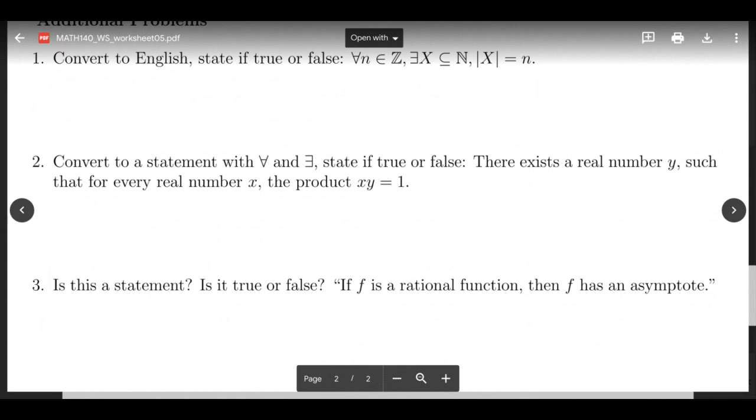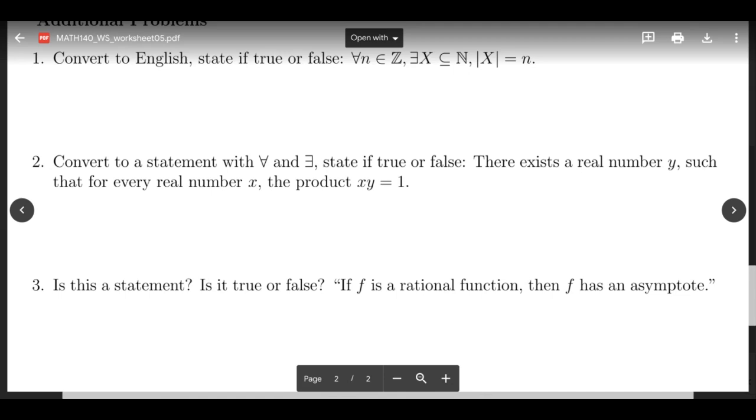All right, let's see. For every integer n, there exists a subset X of natural numbers where the absolute value of X equals n. Yes, okay, looks great.